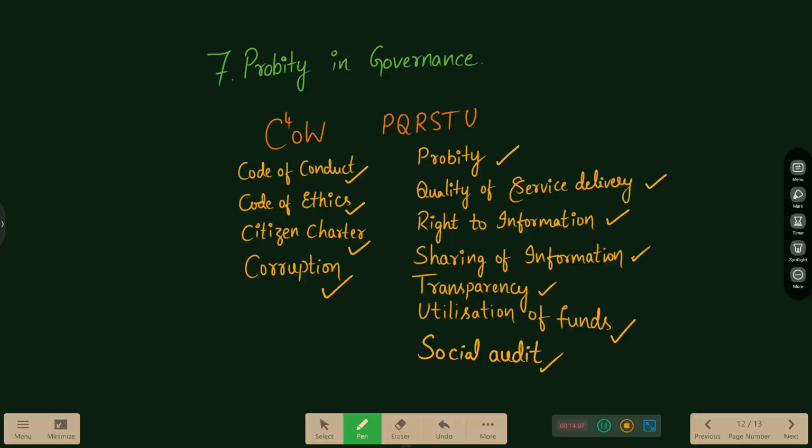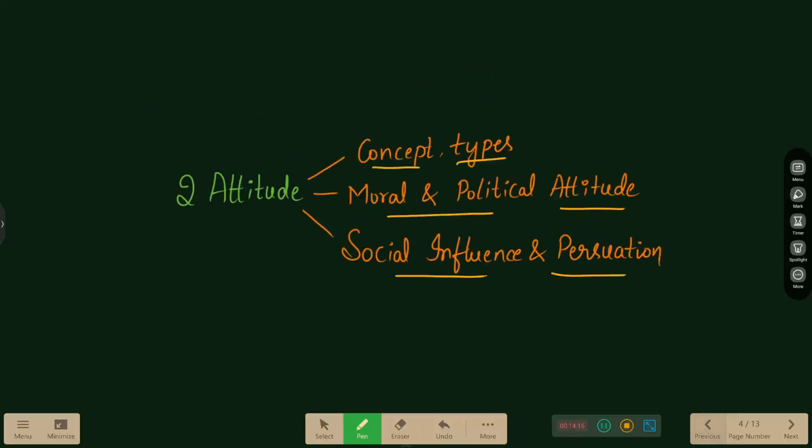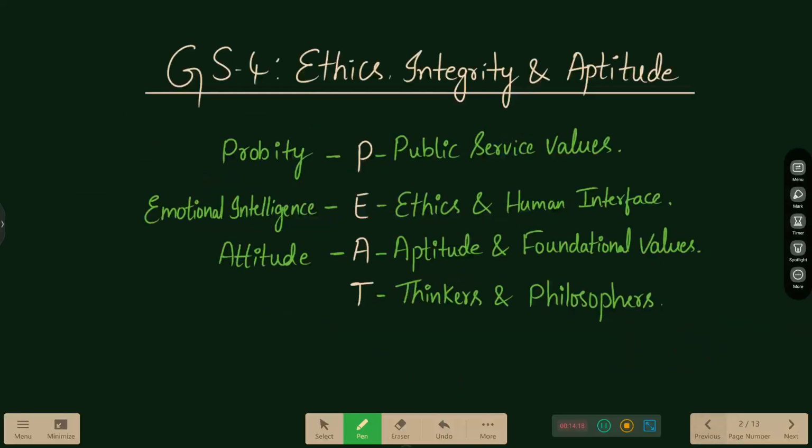If you want me to revise it quickly, we can do so by looking at the first page. I will tell you how to revise everything. See, this is the first page, right? Public services values: I had made one mnemonic, give it to DG and AC.